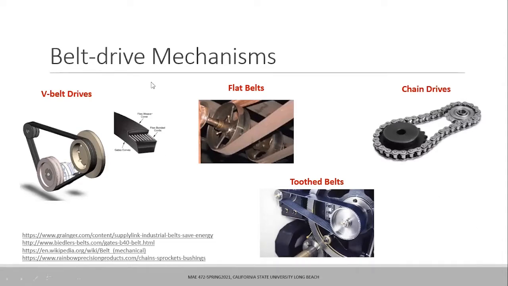The difference between flat belts and V-belt drives versus chain drives and toothed belts is that neither the V-belt nor the flat belt has teeth or serrations, which means there are chances for slippage. If that happens, the driving pulley and the driven pulley can have a mismatch in the angular velocity ratio, so you can have different angular velocities on the driving side and the driven side.